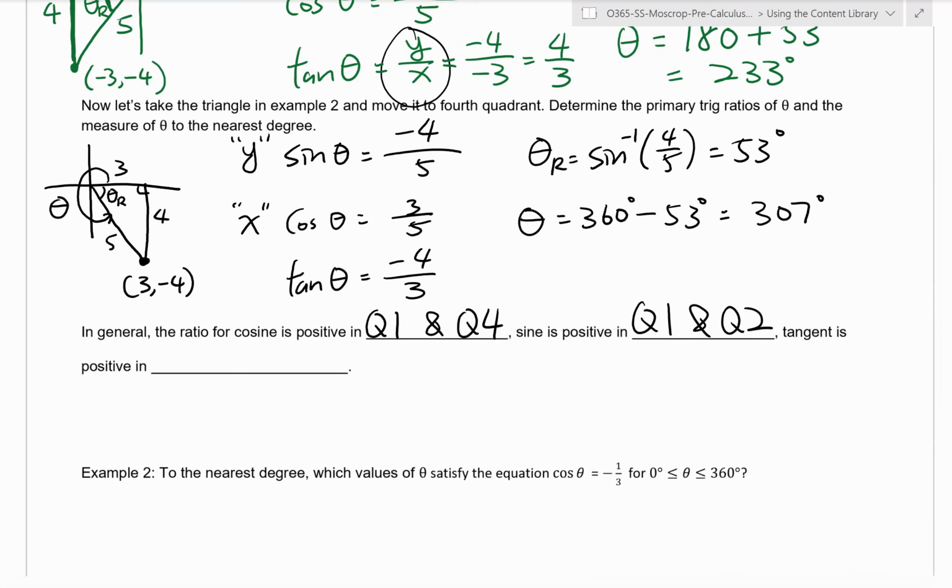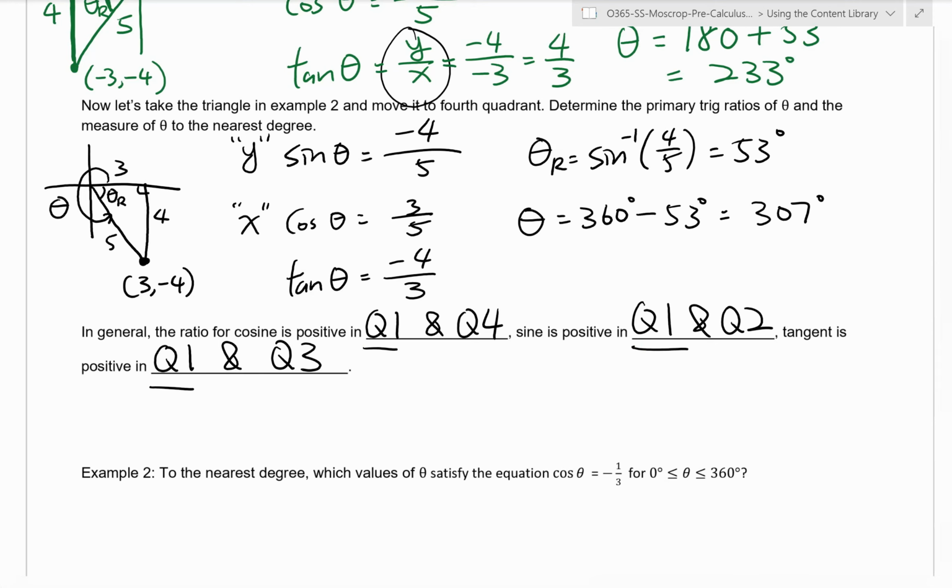Tangent is positive in quadrant 1 and quadrant 3 because tangent is the ratio between y and x, and both x and y are positive in quadrant 1, therefore the quotient will be positive. x and y are both negative in quadrant 3, therefore when you divide two negatives, it becomes a positive number, and that's why tangent is positive in quadrant 3. So notice how every one of them is positive in quadrant 1.